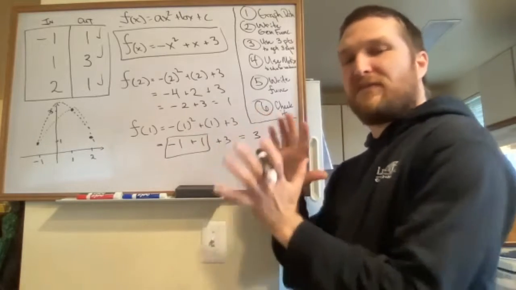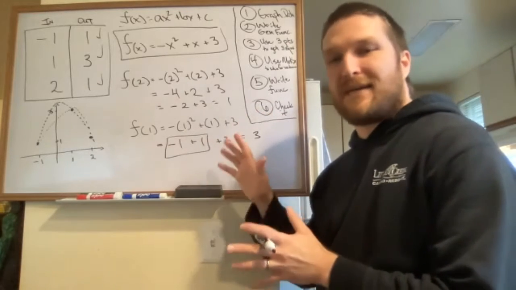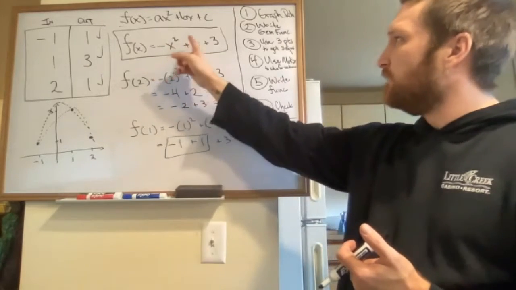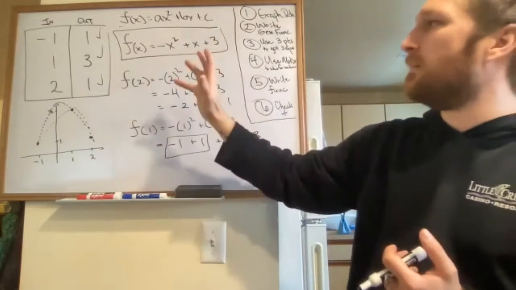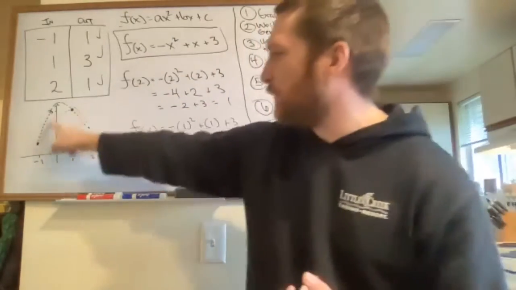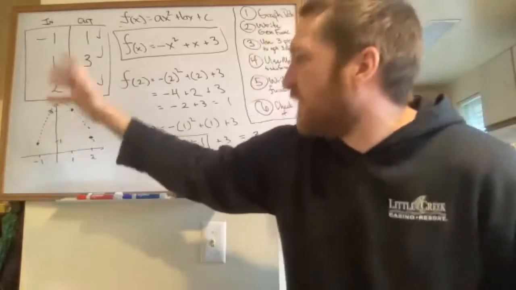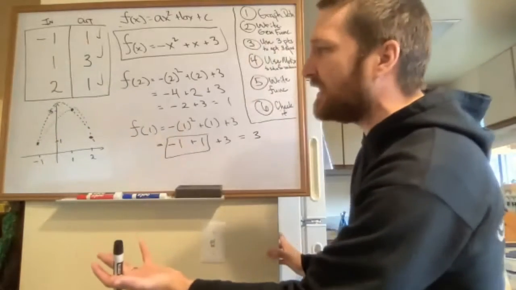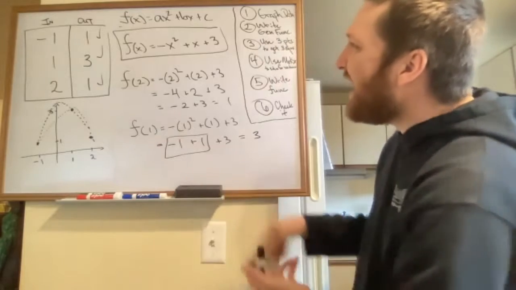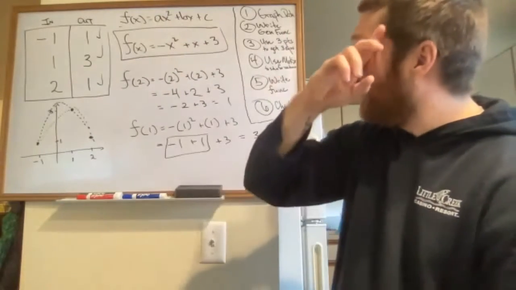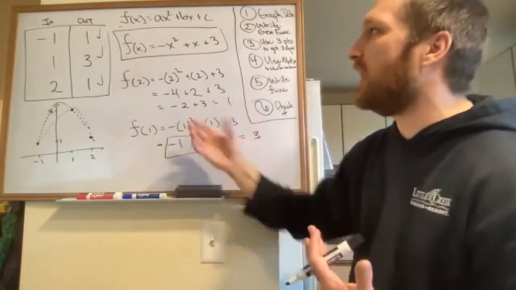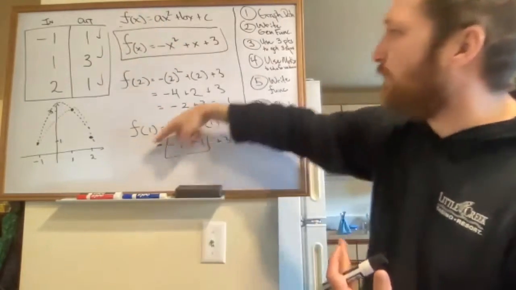I knew before I even finished that, and not just because I had done it before and I knew what values I was expecting. I couldn't remember that it was -1, 1 and 3. That wasn't in my head. But what I knew is that this thing has to be a downward facing cup, right? Look at it. If the parabola fits that, it can't be upward facing. And so when I started seeing that my A was going to be a positive number, that didn't make any sense, because as we've seen 100 times, whenever A is positive, that's an upward facing cup.